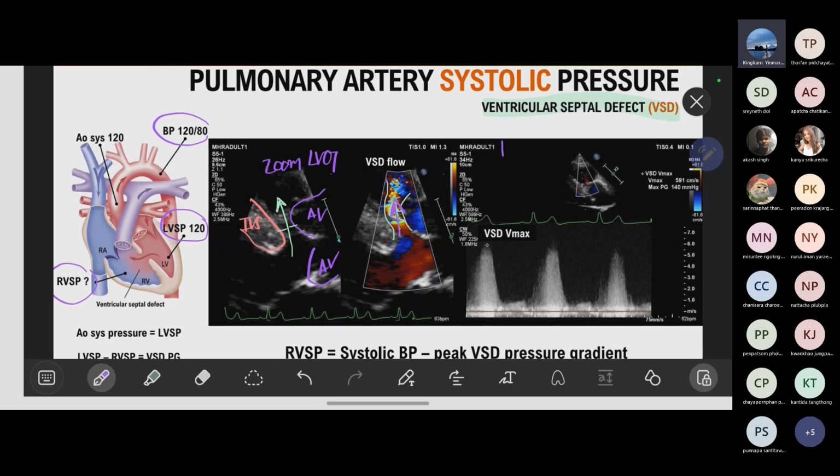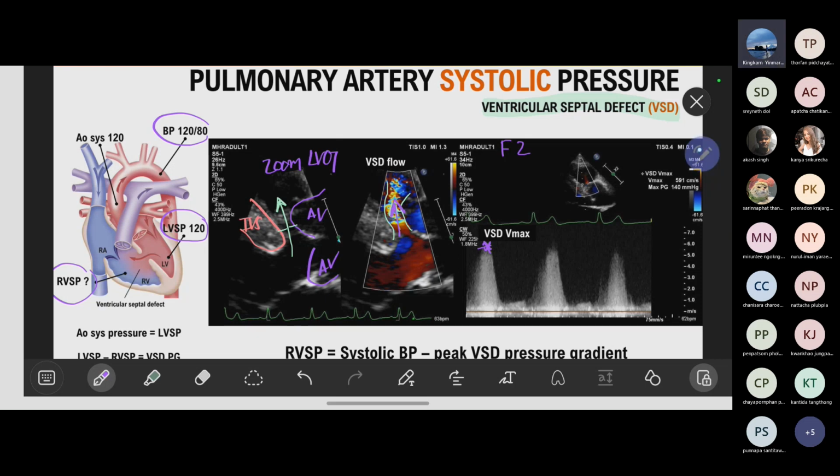This figure shows blood velocity across the VSD, which was measured by CW Doppler. So you get a peak VSD velocity.